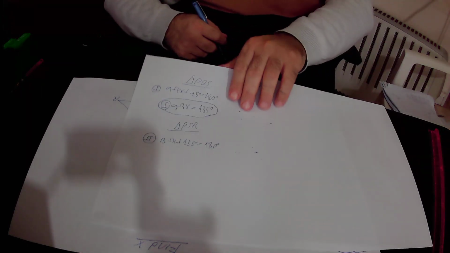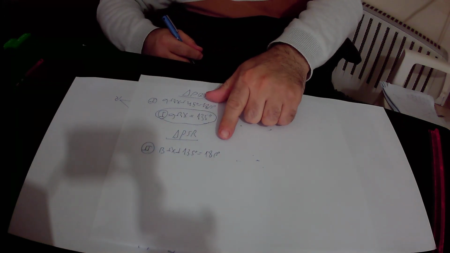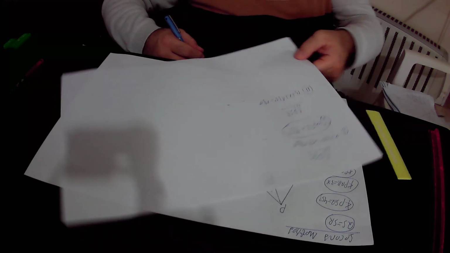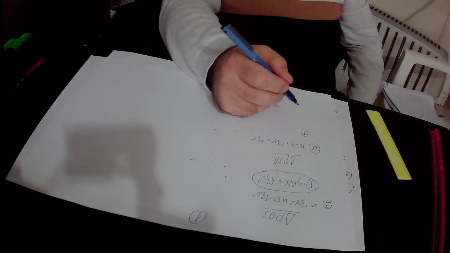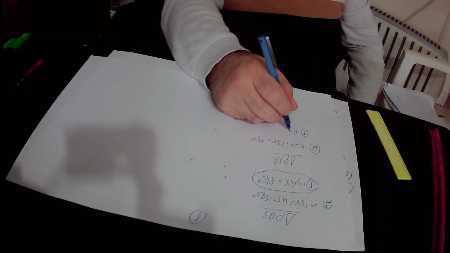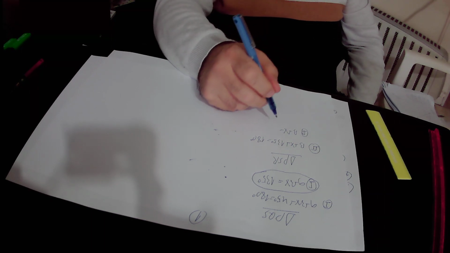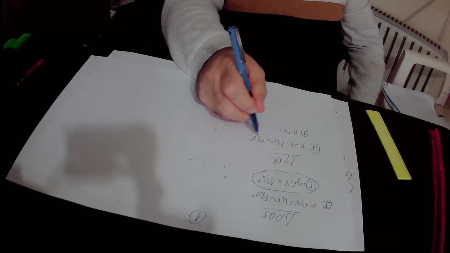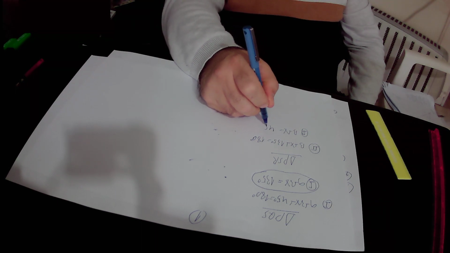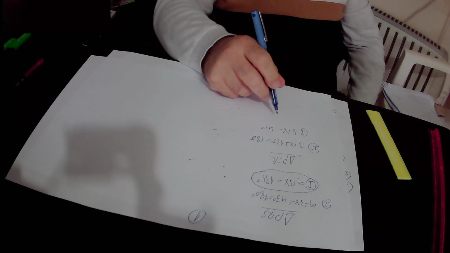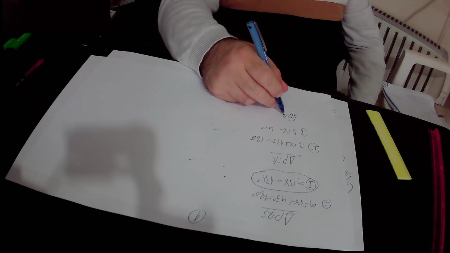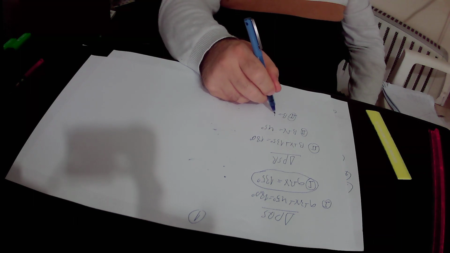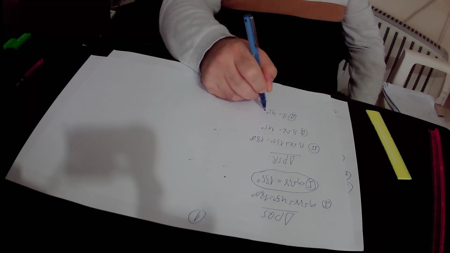So here we will subtract 135 degrees from this equation, equation number 2, and we will get that beta plus x equals 180 degrees minus 135 degrees equals 45 degrees. Here we will subtract x from this equation, and we will get that beta equals 45 degrees minus x.